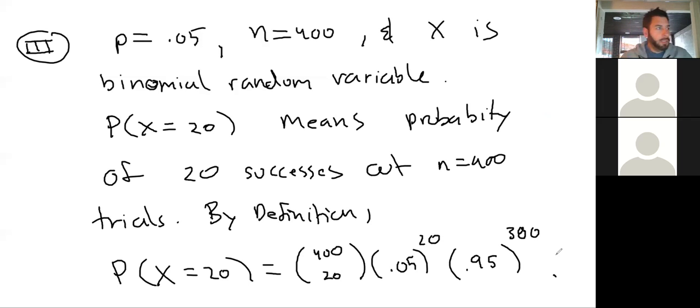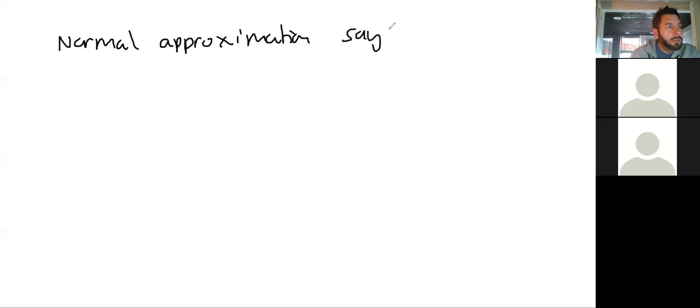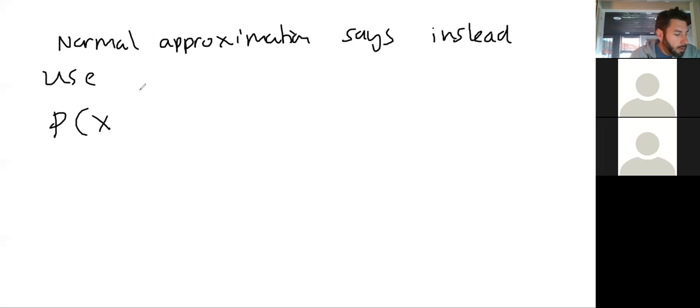So the normal approximation says, instead, use that the probability that we're after is approximately this probability.